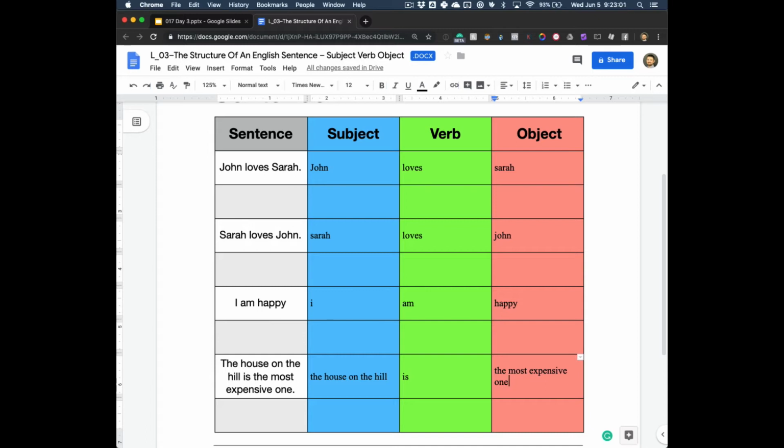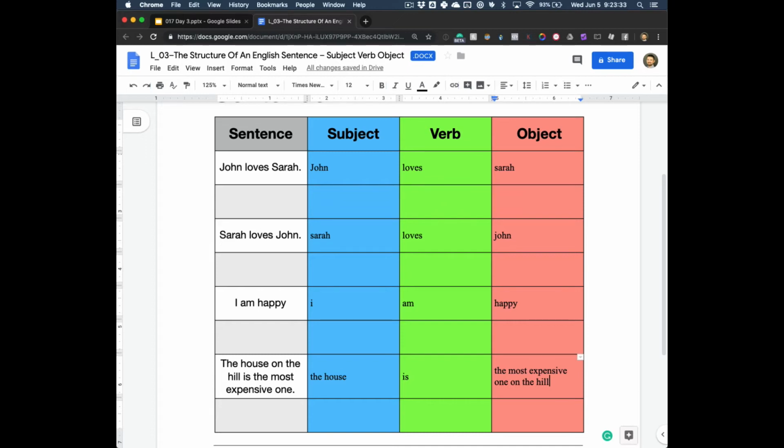How about if I change it to the house is the most expensive one on the hill? Okay, so if we change that, what has that changed? Because you did change something, so the meaning does change. I changed it because on the hill is an adverb. Yes.